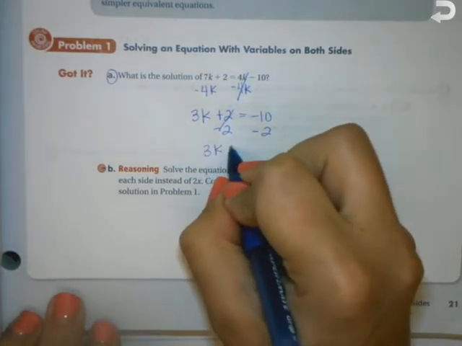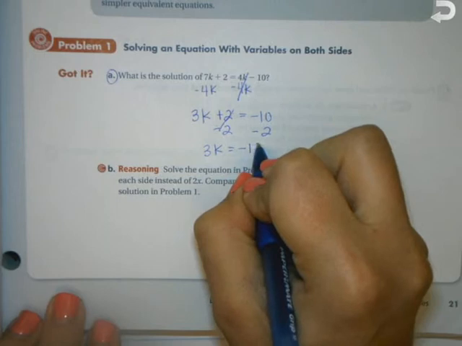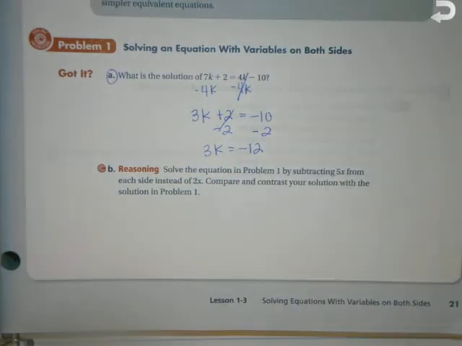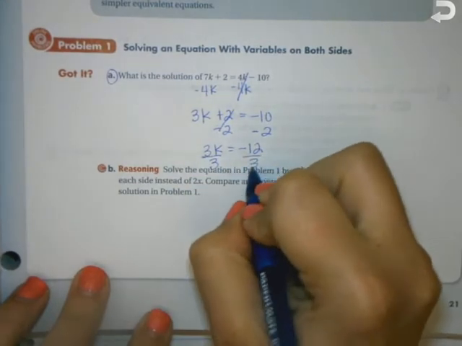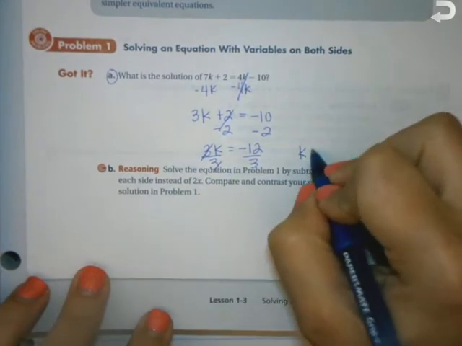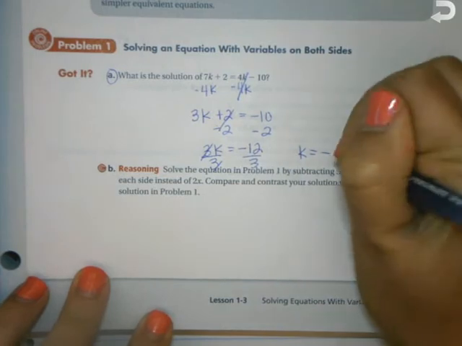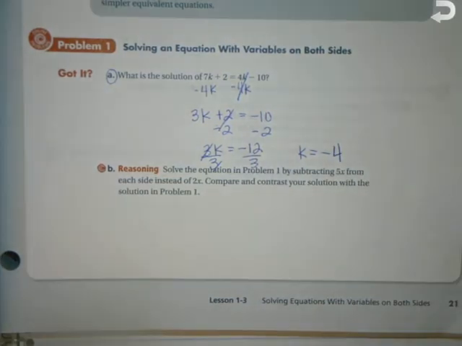Negative 12. Perfect. Oh, I did subtract negative 12. Okay. And then, what did you do last? Who's 33? What did you do last? Divided by 3. So, everybody, we should have got k equals negative 4. I did it the other way.